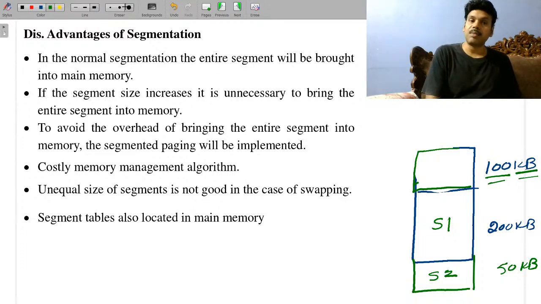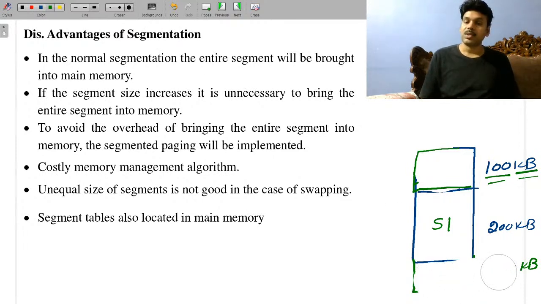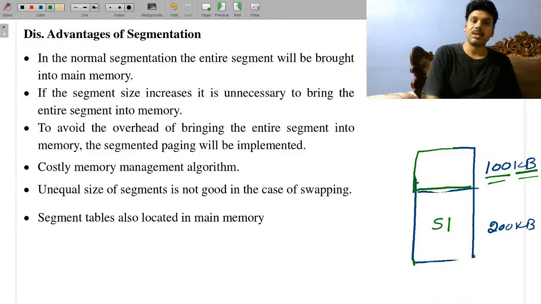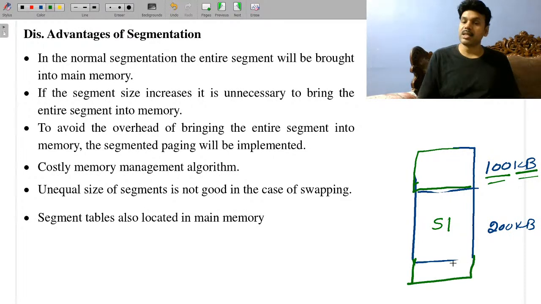S2 also got completed, so you remove S2 also. After removing, you got 50 kb of memory. Please understand. If you learn line by line, you will be perfectly alright in segmentation and paging. So 50 kb is also released.